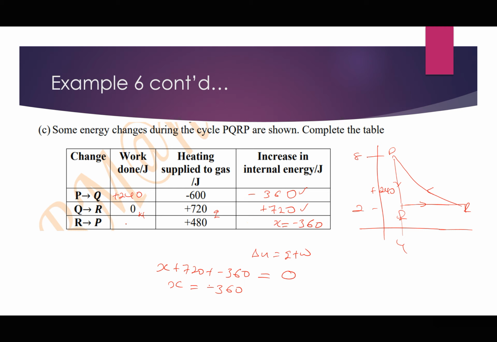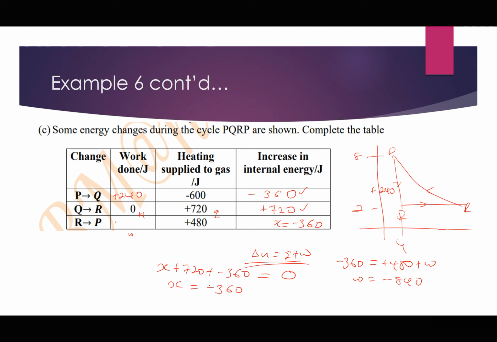So I can now move backwards. I now want, using the same equation, the first law of thermodynamics, change in internal energy is negative 360, which should be equal to Q, which is plus 480, then plus this value here, let me call this one W. So if I want to find W, that will be negative 360 minus 480, which gives us our value of W as negative 840.